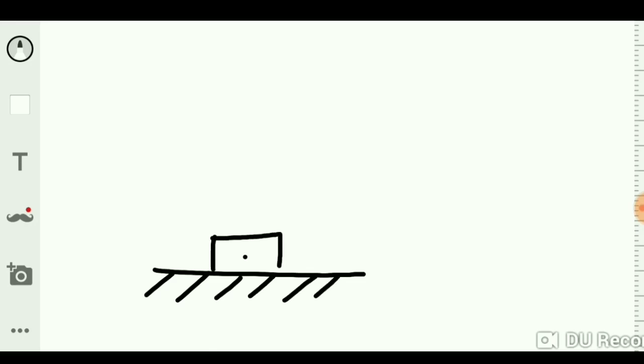Okay, let's take up our original example. We have a wall, we have a box on that, and we're applying a force.